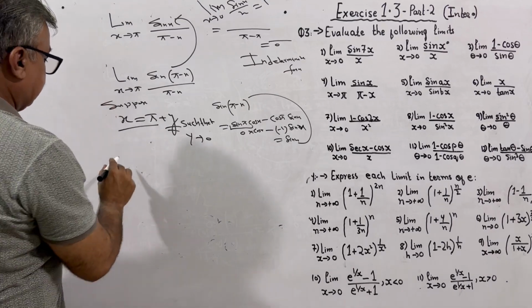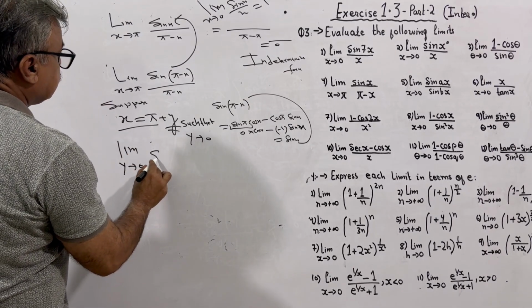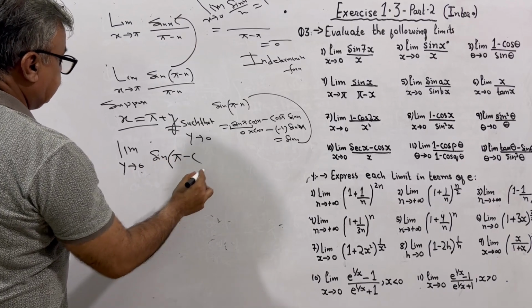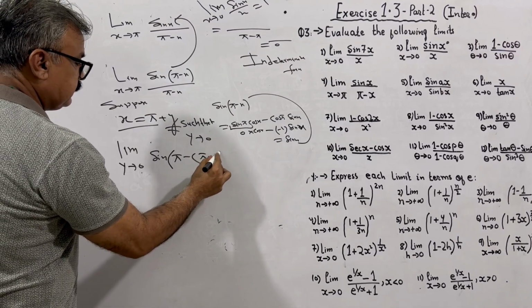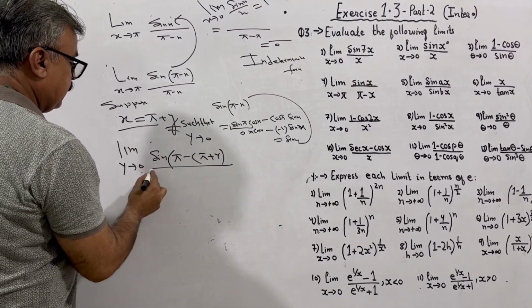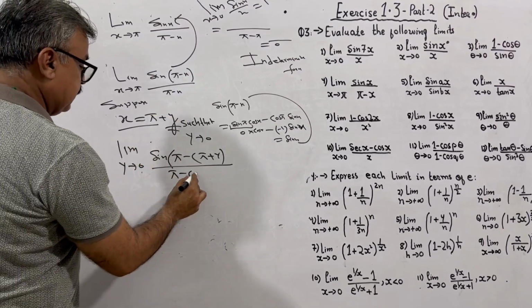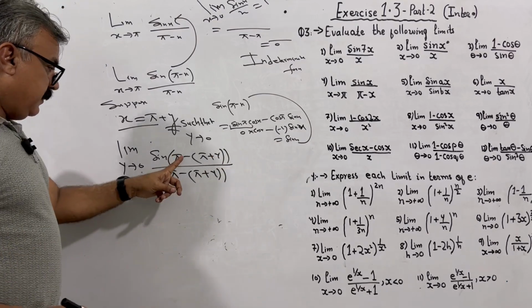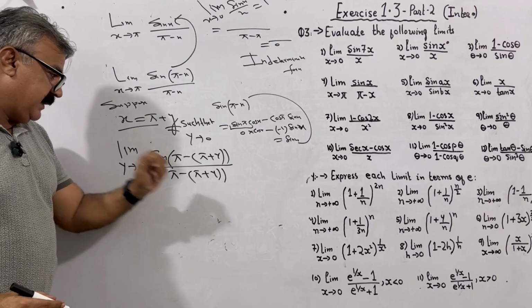Switching over this limit, now we have limit y tends to 0 of sin of pi minus, instead of x, I can write pi plus y. Multiply this minus, it will become negative pi, negative y.